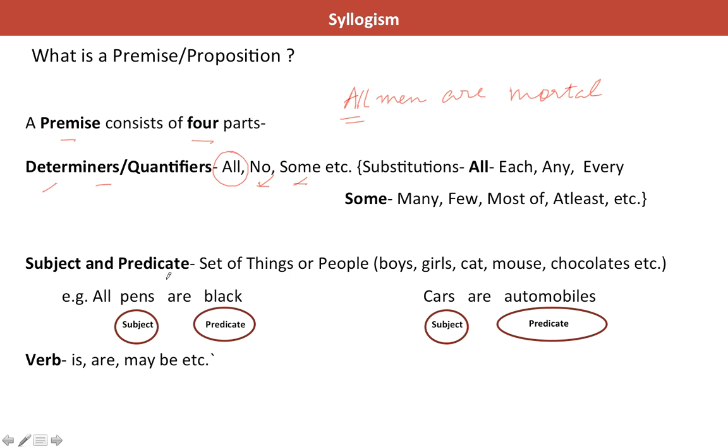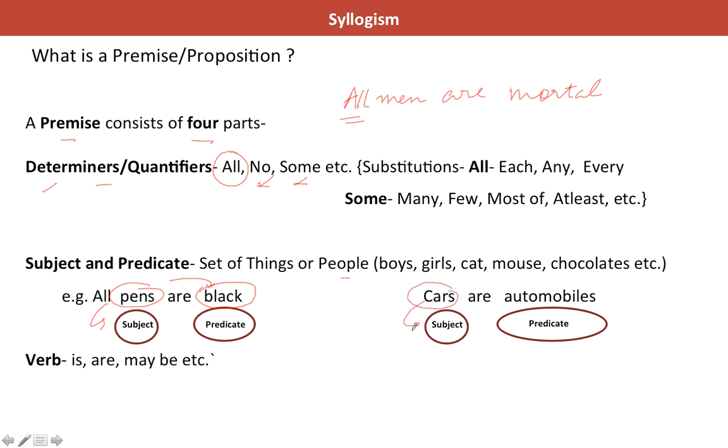What is a subject and a predicate? It is a set of things or people. For example, I have all pens are black. Now, pens is the subject here, and the predicate tells me something about the pens. So here it tells me that all pens are black in color. Similarly, if I have another example, cars are automobiles.